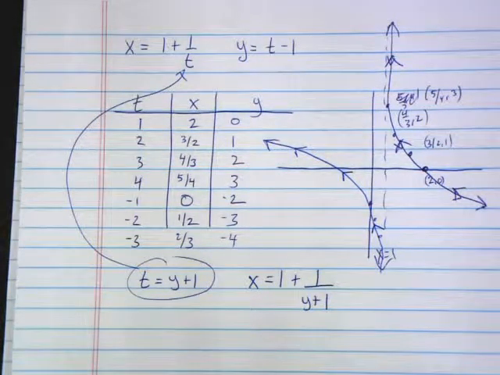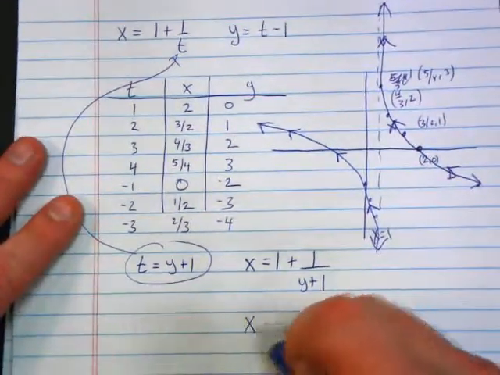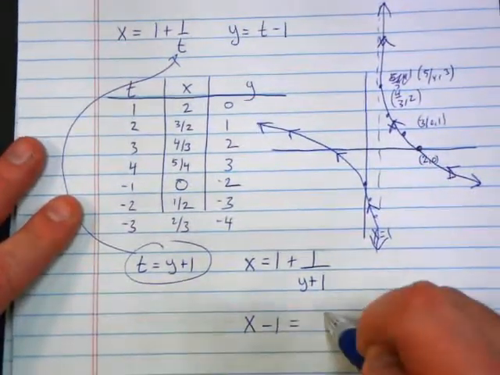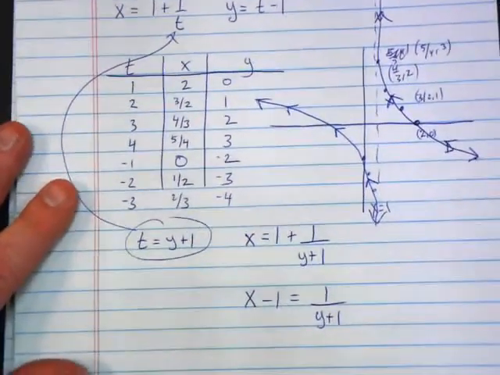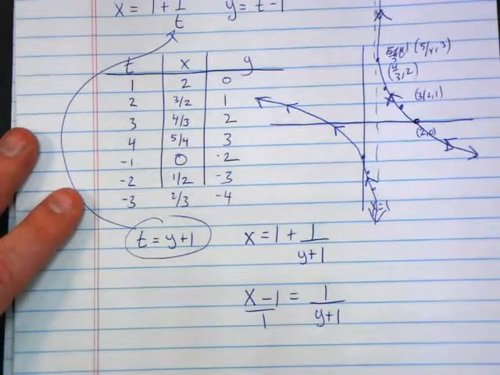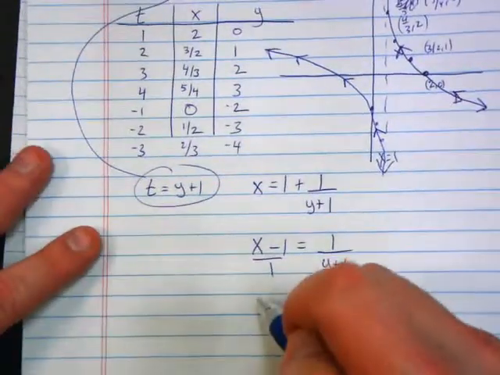Is that the way you would traditionally write that equation? No, what would you do? And normally you'd want to solve for y. Can you solve for y easily on that one? I think what I would do is I would write x minus 1 equals 1 over y plus 1. Think of that as being a fraction. Cross multiply.